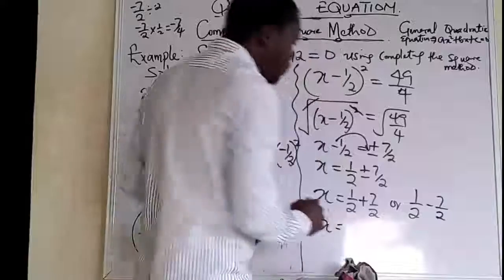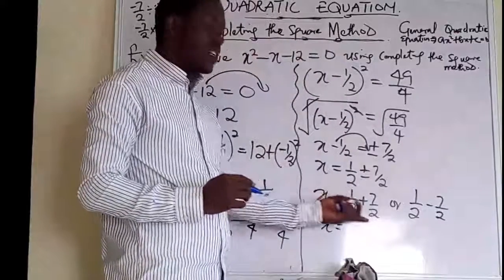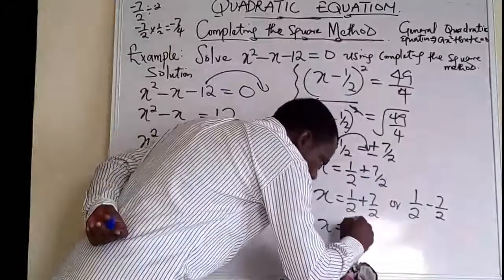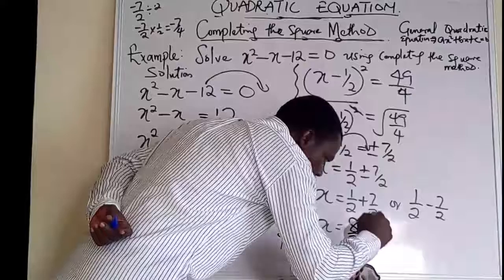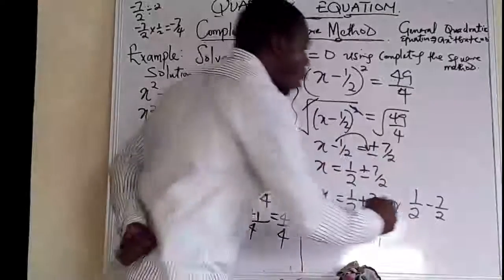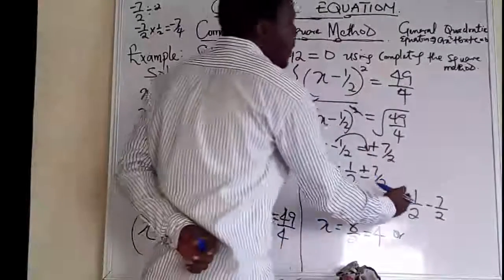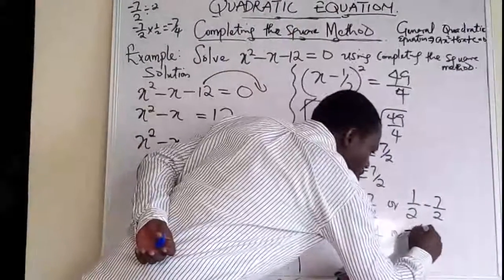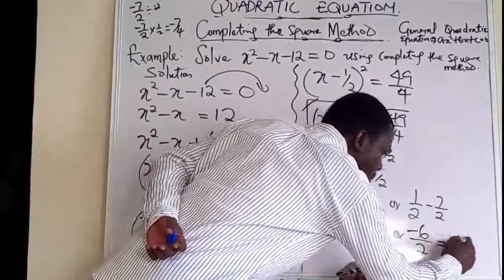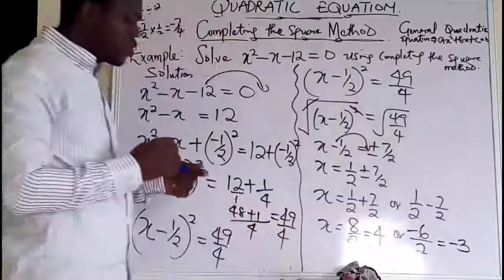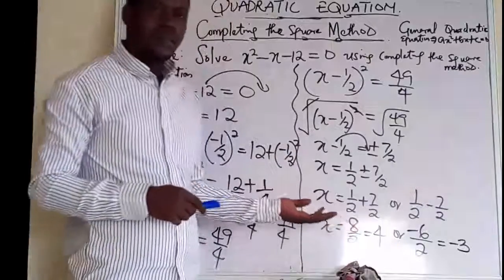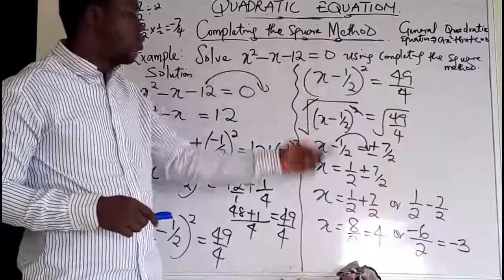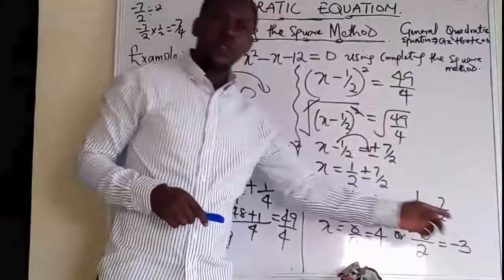Since they have the same denominator, we add: 1 plus 7 is 8 over 2, and the answer is 4. Or 1 minus 7 is minus 6 over 2, which equals minus 3. So our answer, when we solve this question using the completing the square method, is 4 or minus 3.